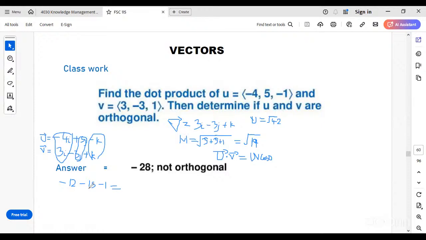Minus 12 minus 15 minus 1 will give us minus 28.